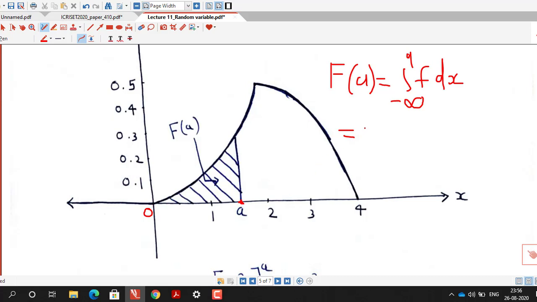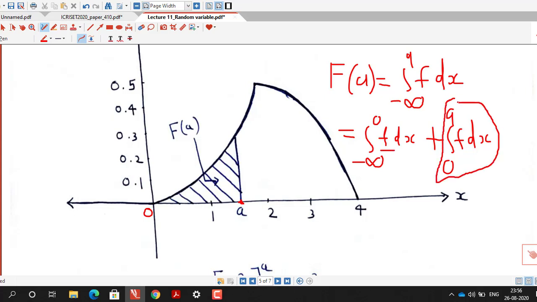Now a is here, so we have to consider from minus infinity to a. Up to 0 the value of the PDF is 0, so we break this interval into two parts, minus infinity to 0 plus 0 to a of f dx. Here the value of the function is 0, so we are left with 0 to a of f dx.